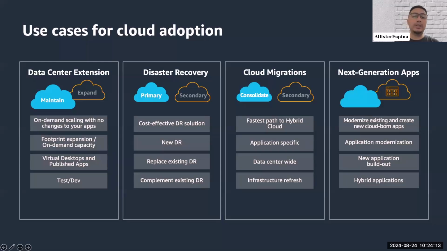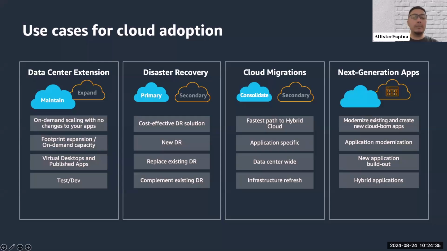Then cloud migration. You have an application that for some reason you want to save cost, offload the underlying heavy lifting, the management of the facilities. Then you can consider migration of your application to the cloud.